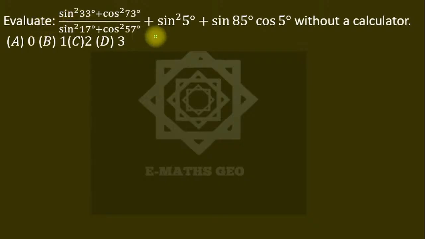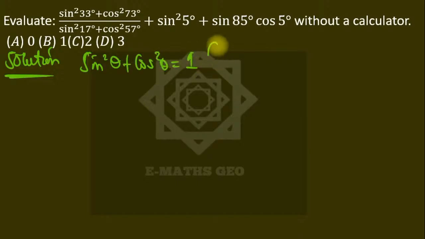So we're asked to evaluate this without a calculator. We can do this using two identities in trigonometry. The first identity is that sine squared plus cos squared is 1. It's called the Pythagorean identity.